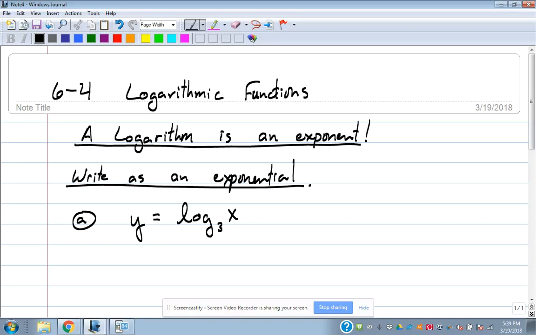What's the base of the log? It's 3. So the base of the exponential is 3. Okay? So 3 to the y is equal to x. Whatever the base of the log is, that's the base, and what the log is equal to is your exponent. What's in here, that's what it's equal to.